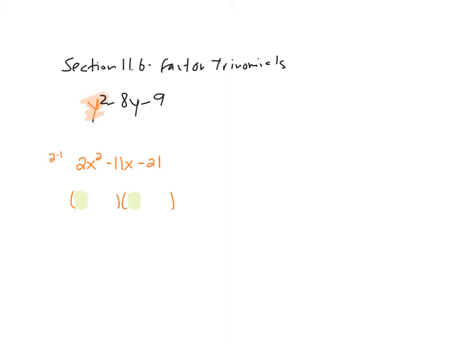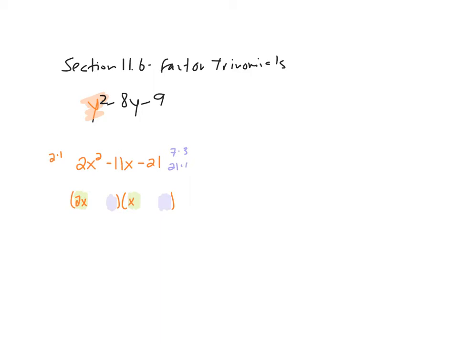So one of these places has to be a 2x, and the other one has to be an x. Now for the back, I need two things that multiply together to give me 21. Well, for 21, we have 7 times 3 and 21 times 1.